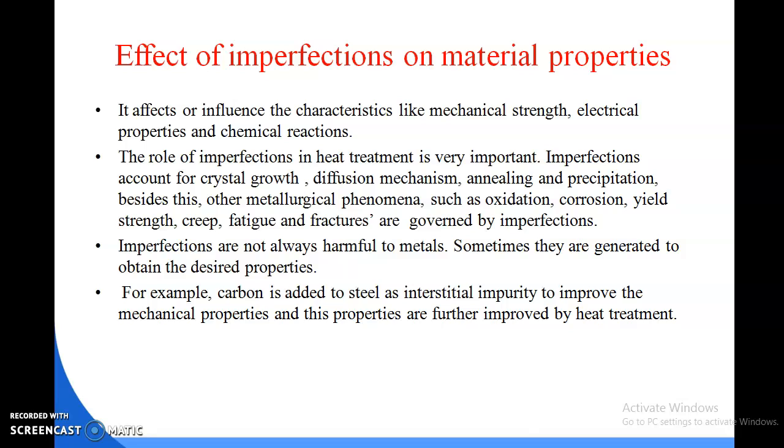Imperfections are not always harmful to metals. Sometimes they are generated to obtain desired properties. For example, carbon is added to steel as an interstitial impurity, which is a point defect, to improve the mechanical properties, and these properties are further improved by heat treatment.